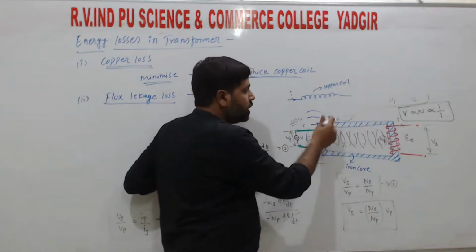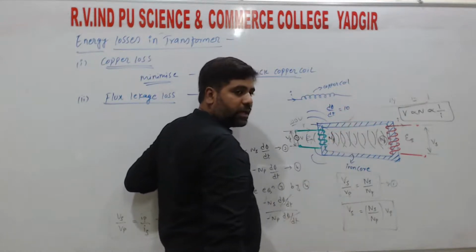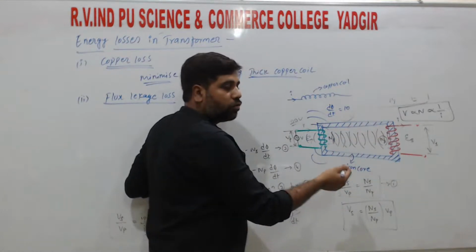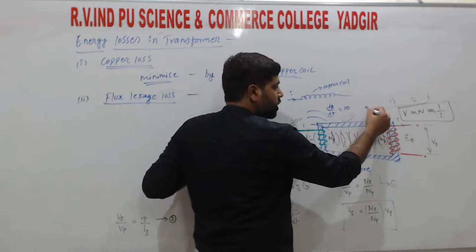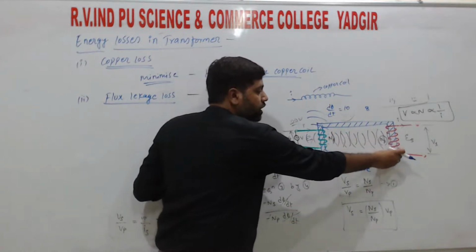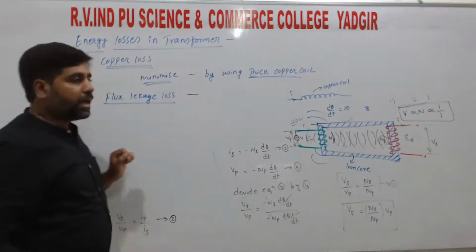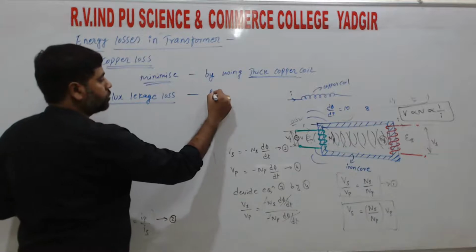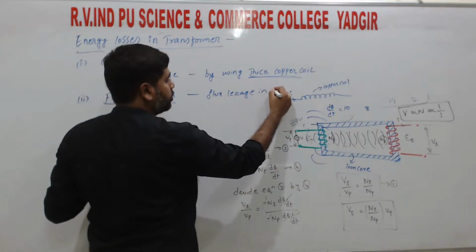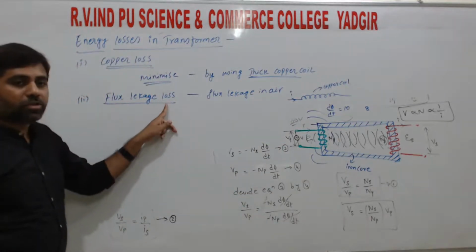Here, if some value 10 is generated by dφ/dt, the same 10 will not reach the secondary coil; we are getting 8, right? Whatever is generated does not reach the secondary, so that is flux leakage in air. Hence we call it flux leakage loss, right?